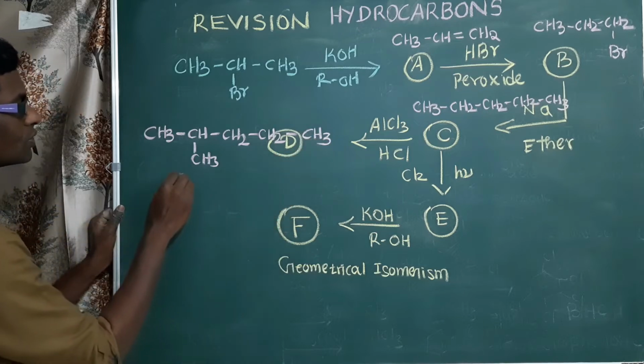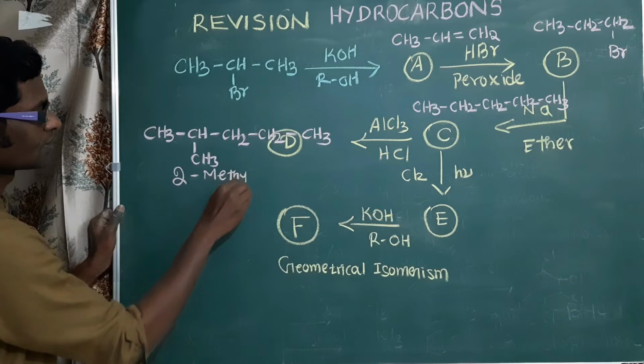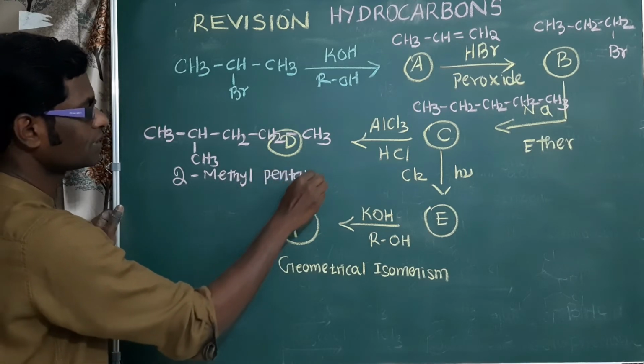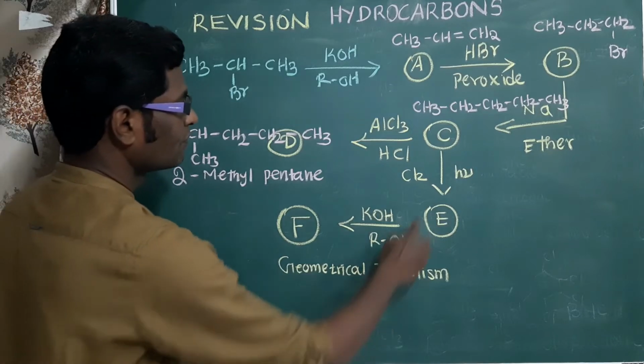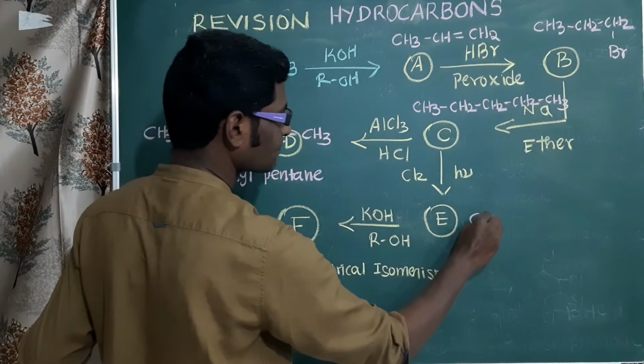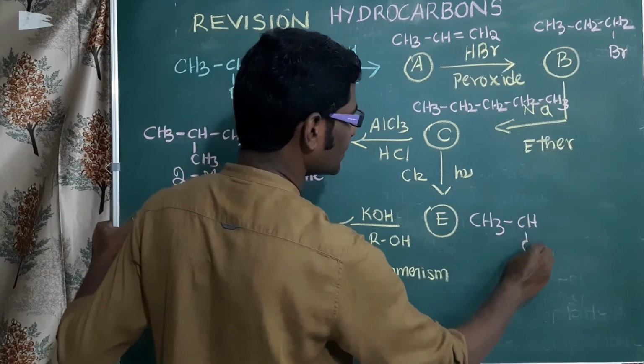Name of the compound: 2-methylpentane. This is chain isomerism of hexane. This reaction is called isomerization. When hexane is again treated with chlorine in the presence of light, we will get chlorohexane.